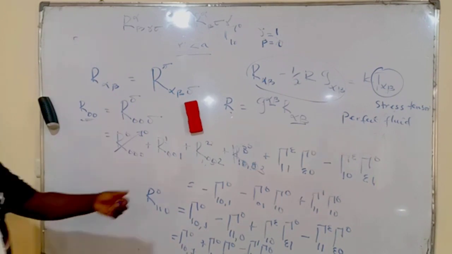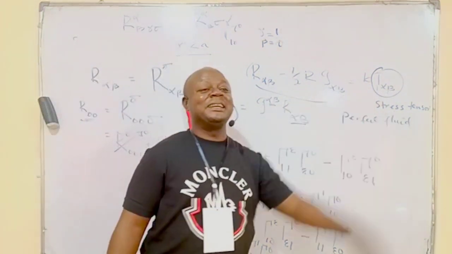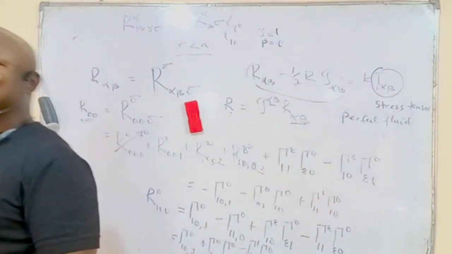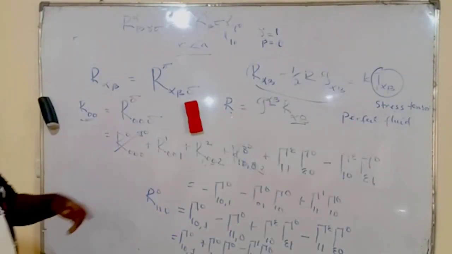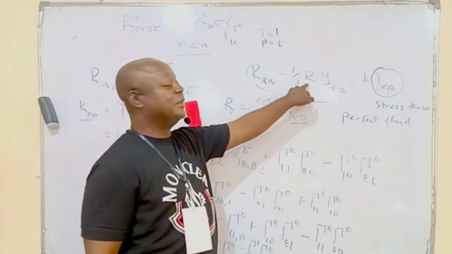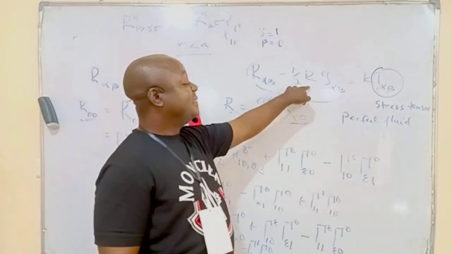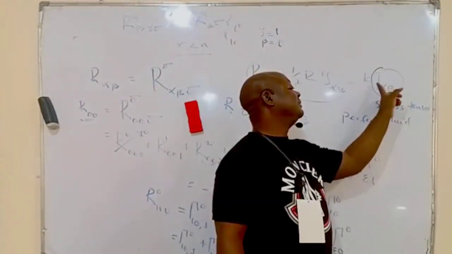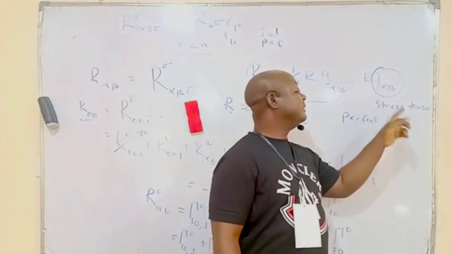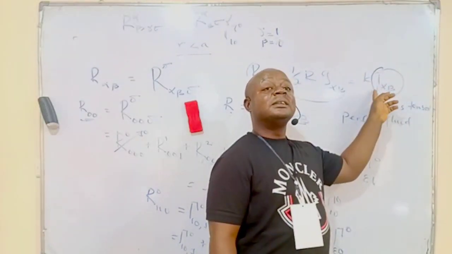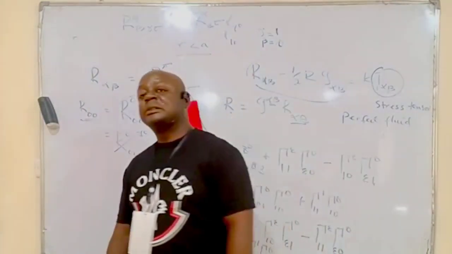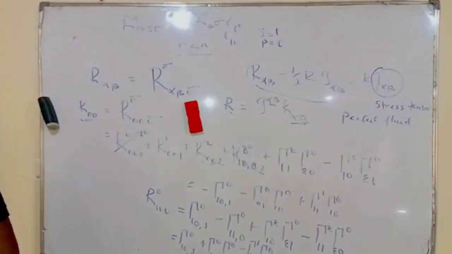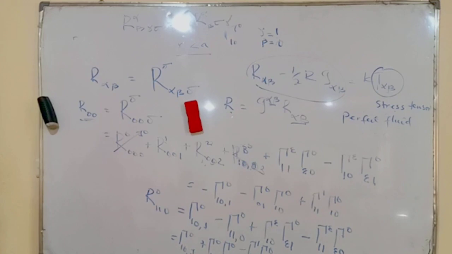So I expect us to be able to get here tomorrow. You'll be able to get this from me, and then check this online. Check the expression of the stress tensor for a perfect fluid.